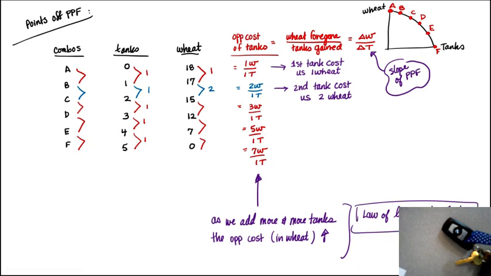Now, you need to look at a handout on Canvas, and that handout is going to do a really good job of explaining exactly why that happens. But it has to do with resources. So let's think about it. Let's say we're sitting right here at point A and we're only producing wheat, then everyone's a farmer, right?